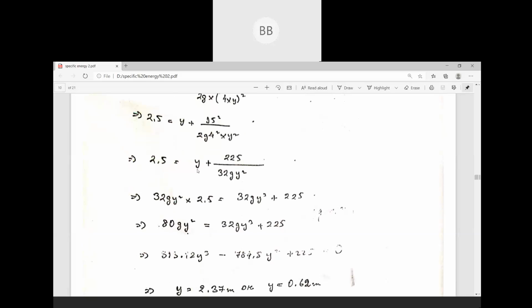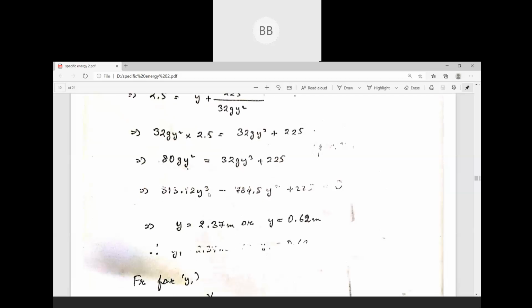Then again you do the LCM and cross multiply, and we will come up with a quadratic equation. So solve that quadratic equation and find the Y value.